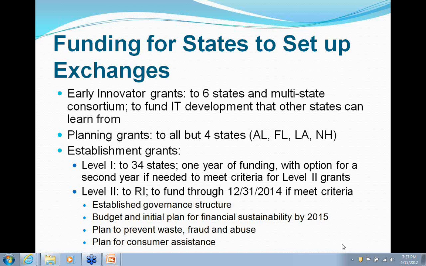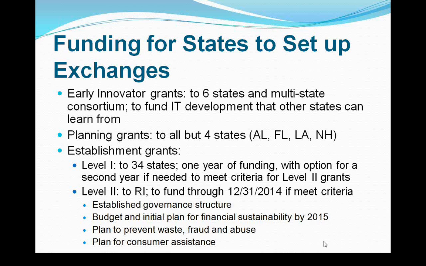Level 2 grants are the next step up when a state has met specific criteria to show progress towards establishing an exchange. They have to have established a governance structure, a budget, and an initial plan for financial sustainability by 2015.